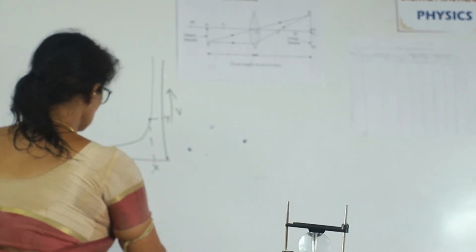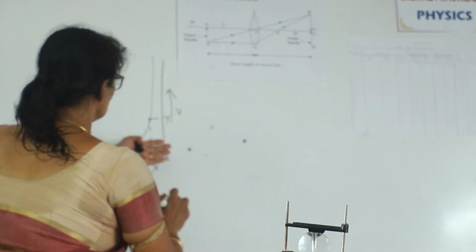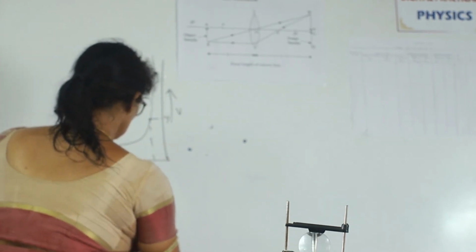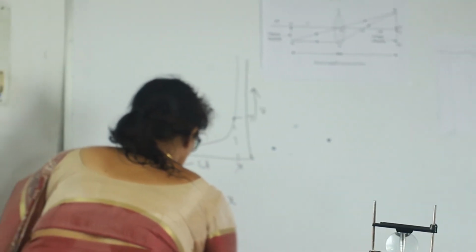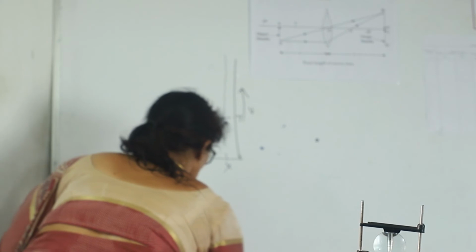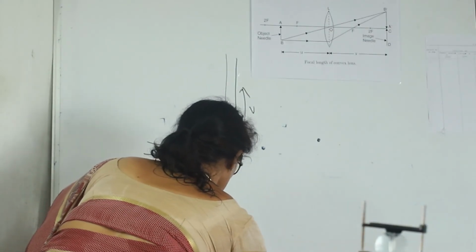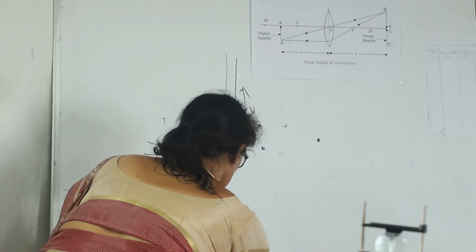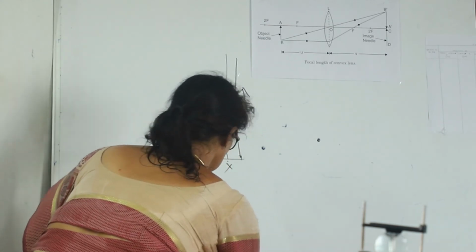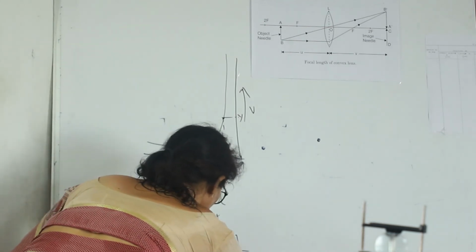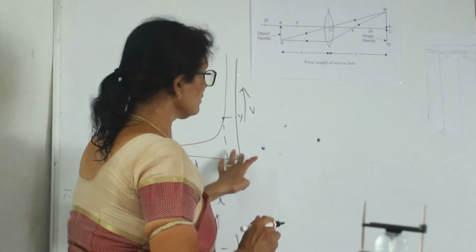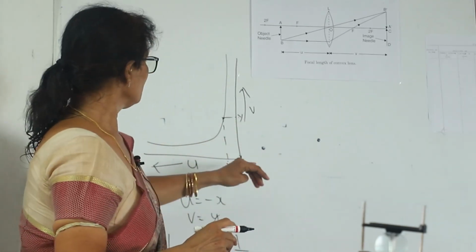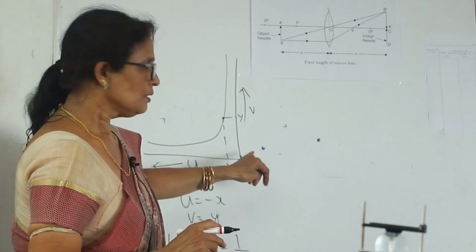So u is minus x, v positive, v is equal to y. Apply the values using the lens formula, 1 by f is equal to 1 by v minus 1 by u. That means 1 by y, and u is negative, so minus 1 by minus x, which is plus 1 by x. You will get 1 by f and f.